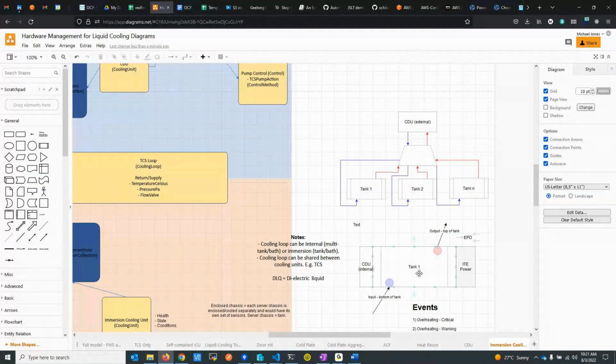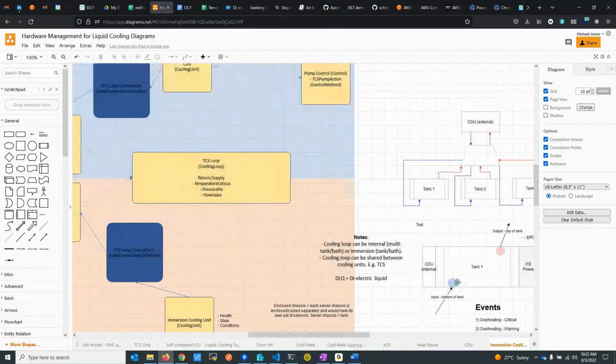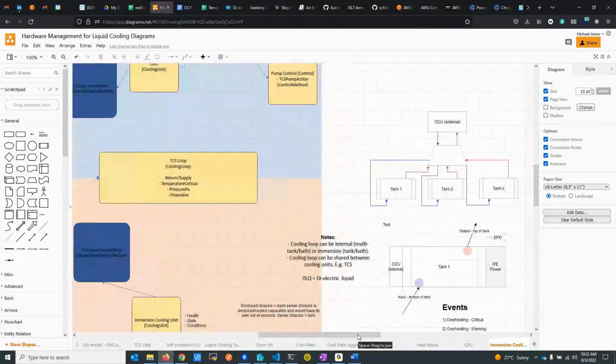But I guess you could extend that to say, like you said, if each chassis is a tank, that's still valid. You've just got multiple server level tanks, right?